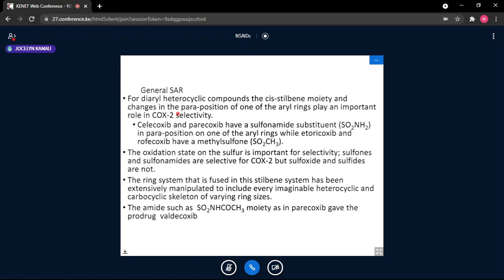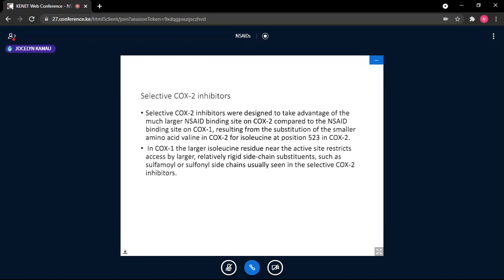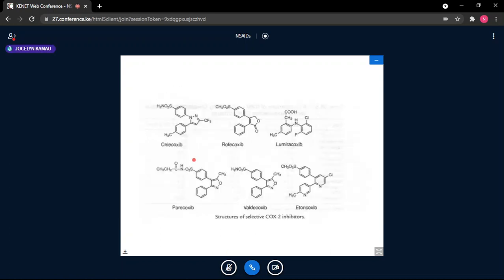So for diaryl heterocyclic compounds, the cis-stilbene is in the rofecoxib moiety, and changes to one of the aryl rings play an important role in COX-2 selectivity. So we are saying the cis-stilbene is important, and the changes that you have here.